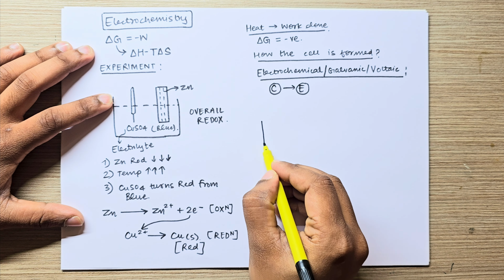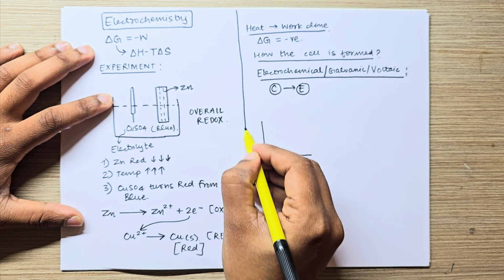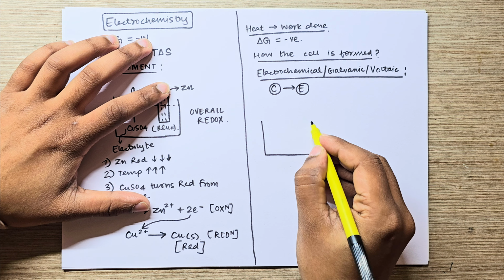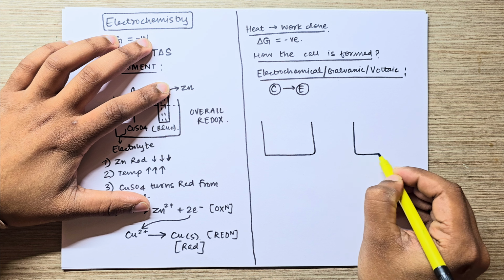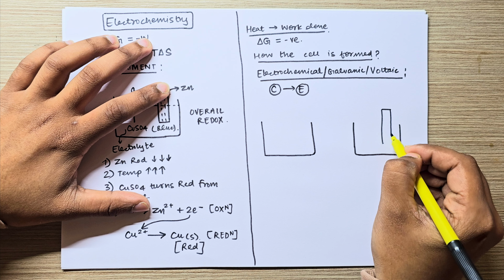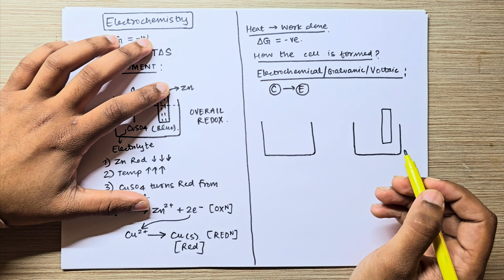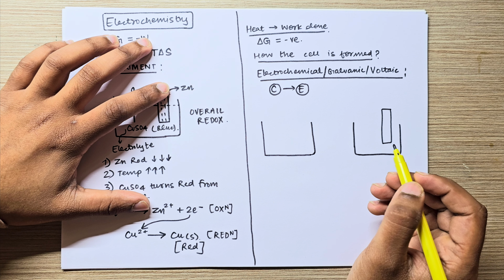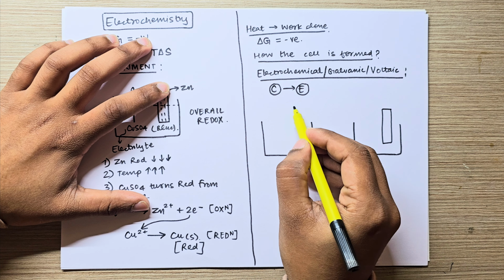Now, how to prepare a cell? This is the question. I am drawing a separation here so you can understand it very well. You have to take two tanks with rods, and this rod is now known as the electrode. Electrodes are basically of two types, cathode and anode. Based on reduction and oxidation, we decide which is anode and which is cathode.